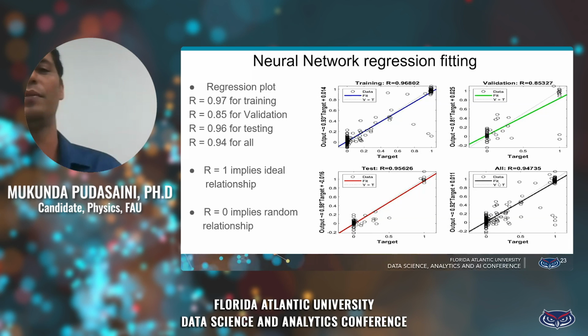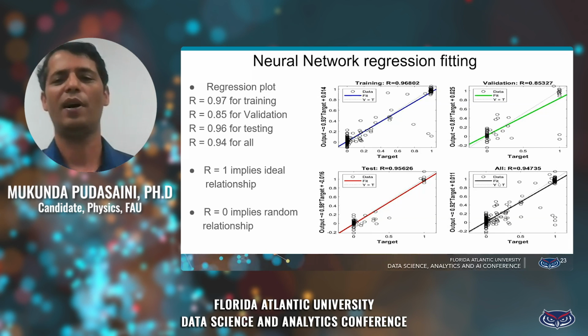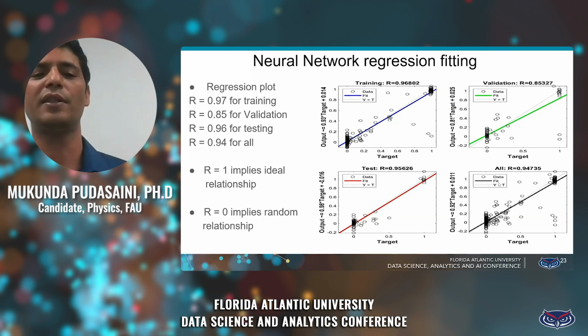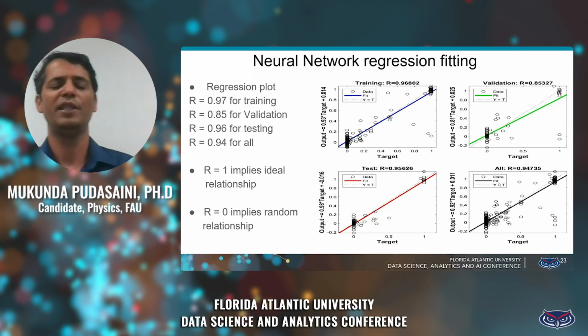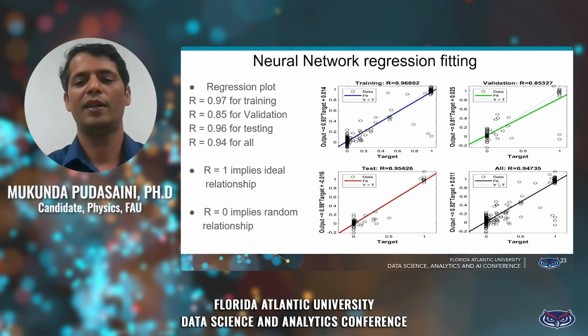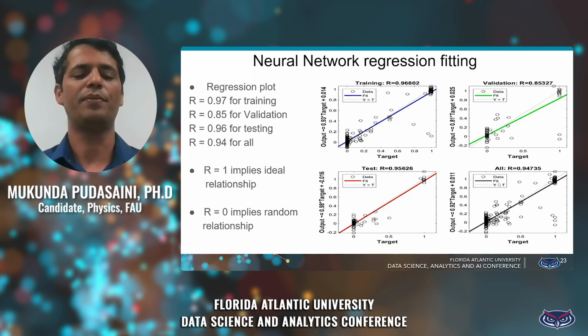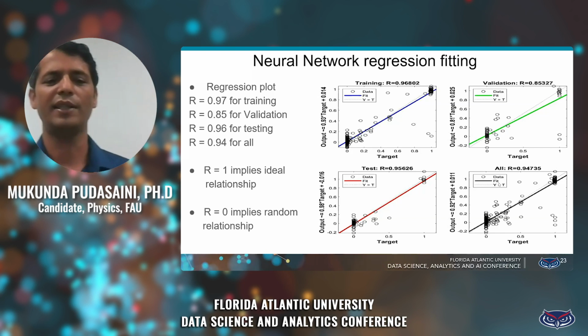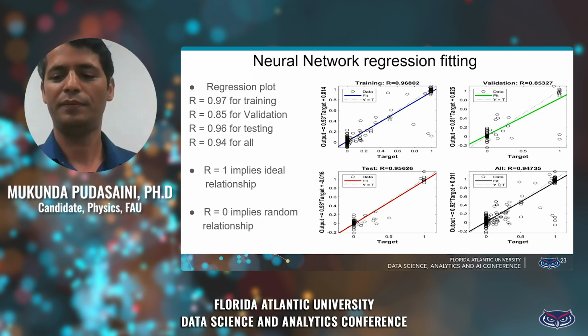The overall for all 100 cases, the R value is found 0.94, which is close to 1. R equals 1 implies the ideal relationship, while R equal to 0 implies random relationship.